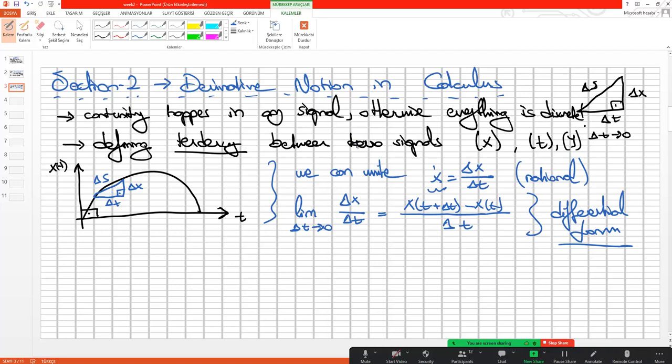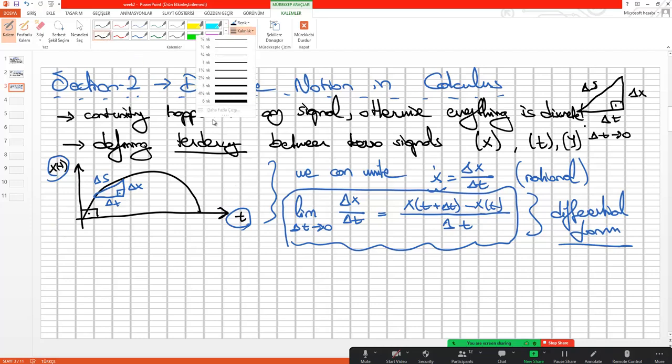Newton used this notion to create the tendency between two signals, one of them is time, the other is x(t). And if it is related to time, then Newton concluded three statements here.